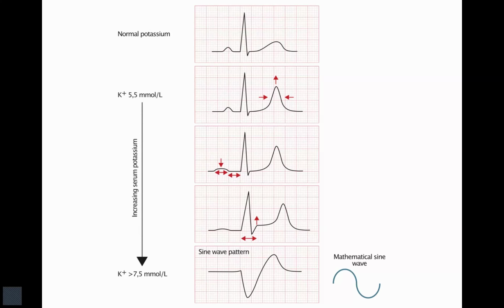On the fourth tracing, the widening of the QRS. And on the fifth tracing is the sine wave. The thing on the right is what they call a mathematical sine wave, a visual reminder of what that sine wave pattern looks like.